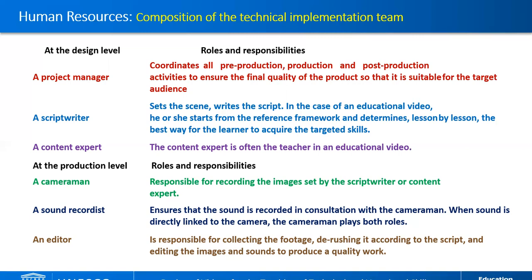When sound is directly linked to the camera, the cameraman plays both roles. Then we have an editor who is responsible for collecting the footage, rushing it according to the script, and editing the images and sounds to produce a quality work.